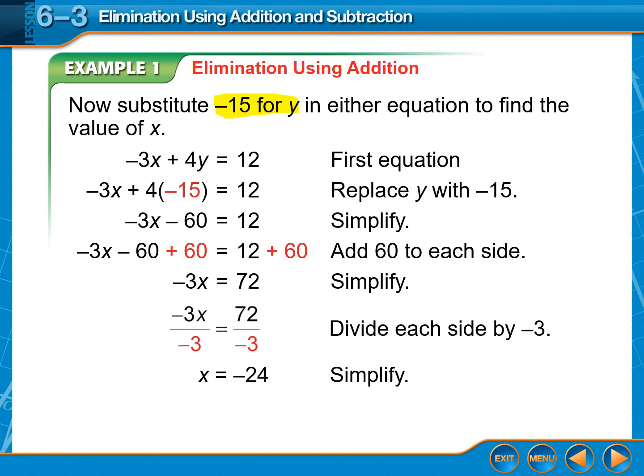And now I see my x value is negative 24. So I'm going to write my solution as an ordered pair. That means I'm going to list x first. So it's going to be negative 24 and negative 15. So that's the combination of x and y that works in both of those equations that we were given at the beginning. So x is negative 24, y is negative 15.